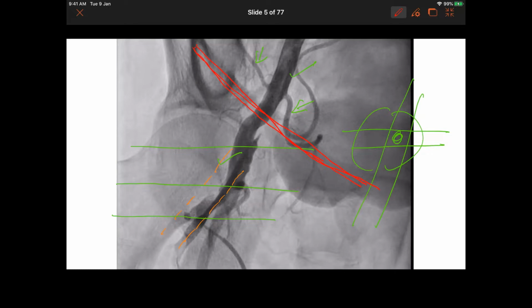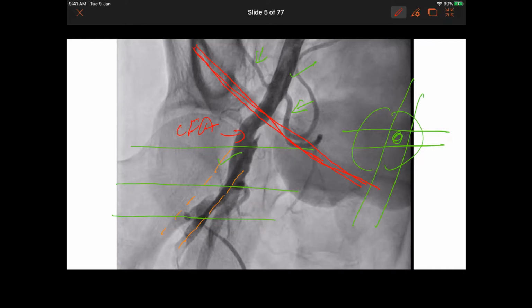Beyond the inguinal ligament, the external iliac artery continues as the common femoral artery. And this branch, the inferior epigastric artery, is very important because it can be inadvertently damaged and can lead to retroperitoneal bleed.